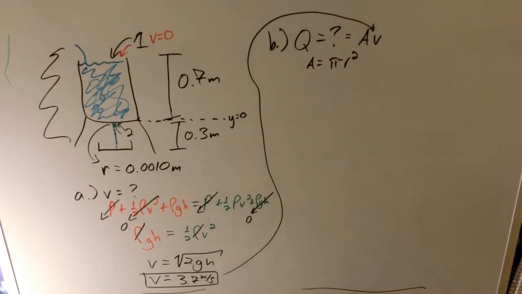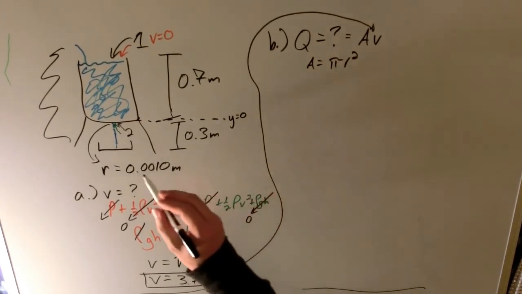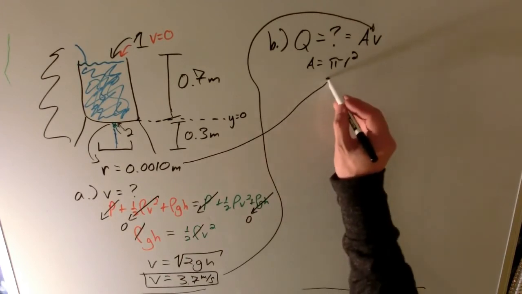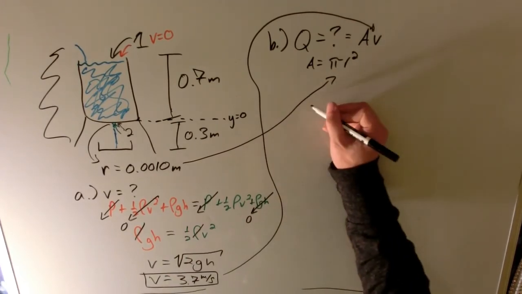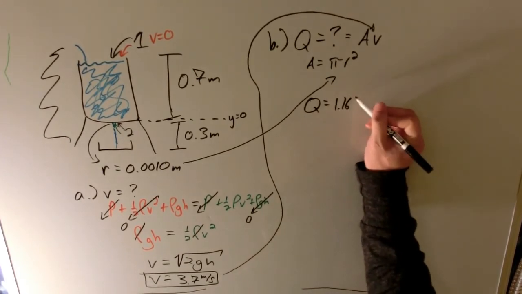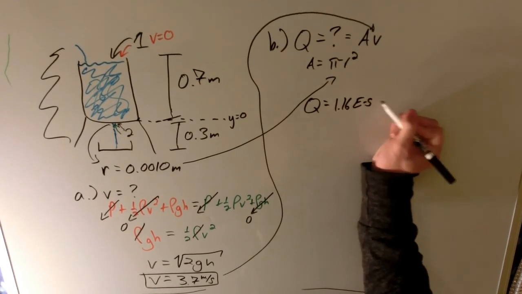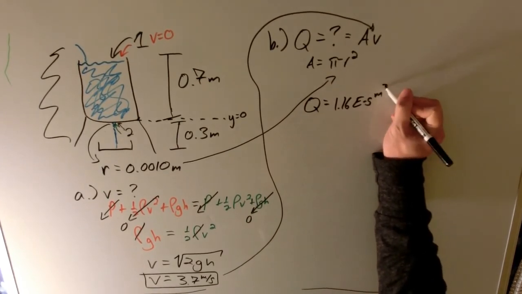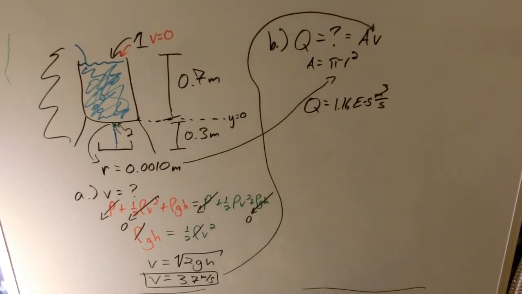Our little hole's probably pretty circular, where r is going to be equal to that value there. When I plug these values in, I find that my flow rate is going to be 1.16 times 10 to the negative fifth cubic meters per second. Okay, so that's the next thing that we wanted.